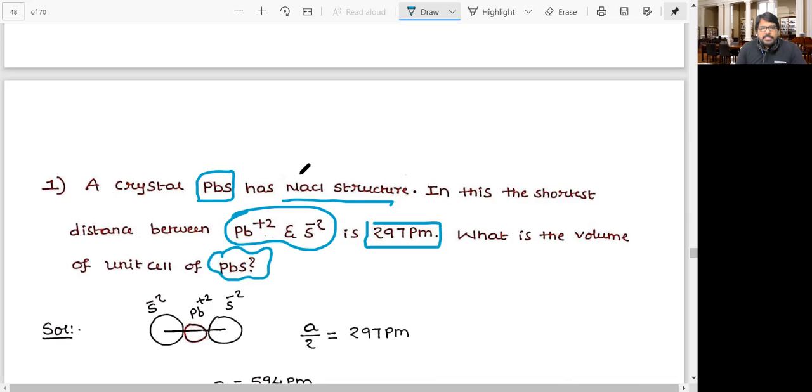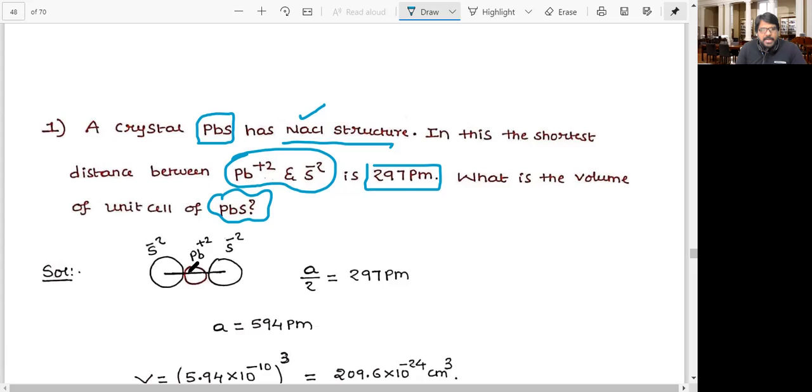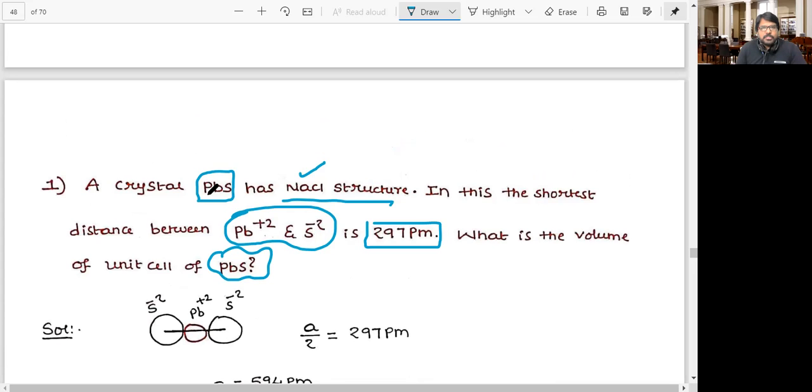He's saying that it is NaCl structure. NaCl structure means anion should be present at face centers and corners, and the shortest distance is given. So I have taken the edge. If you observe the arrangement of Pb plus 2 and S minus 2 along the edge, this is corner, and this is edge center.